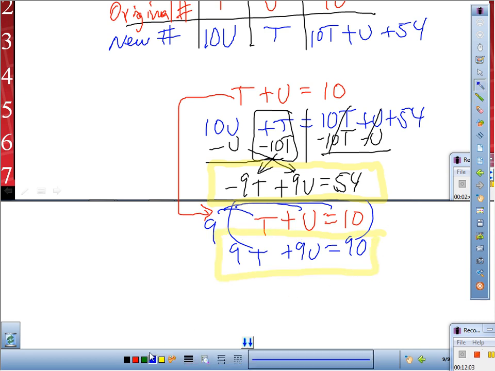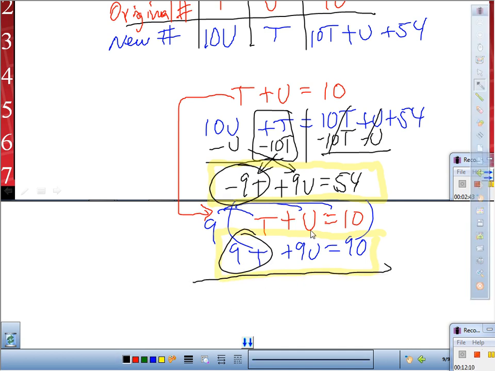What can we do now? Eliminate. What eliminates? The 9T. This one and this one. So we're left with, what is 9U plus 9U? 18U. What is 54 plus 90? 144. Divide by 18. Divide by 18.